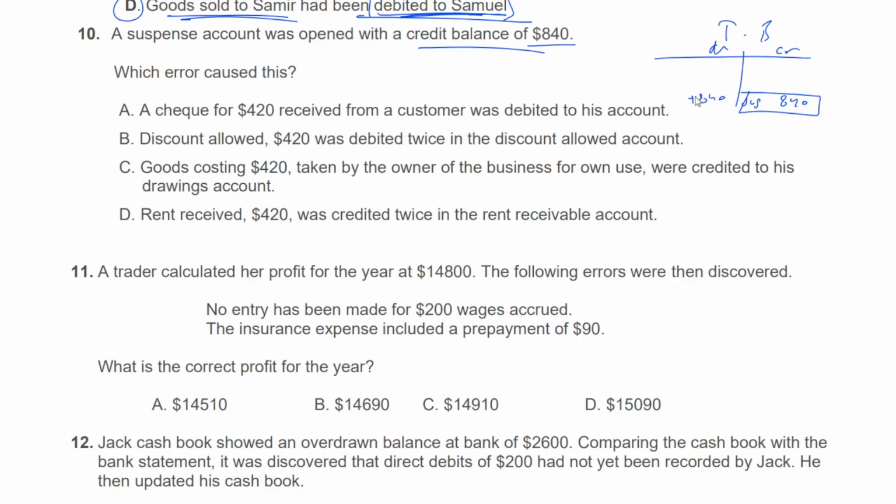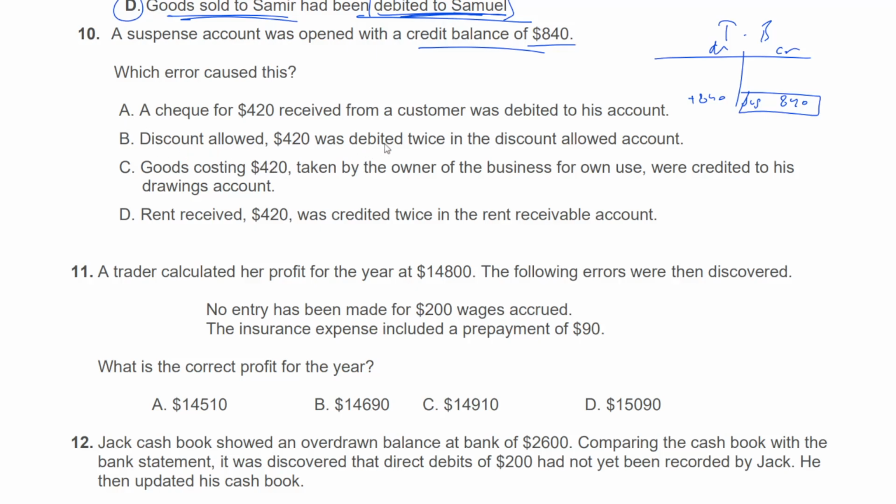A check for 420 received from a customer was debited to his account. Normally that would be credited. I have a feeling this is a good option, but we'll look at the others as well.